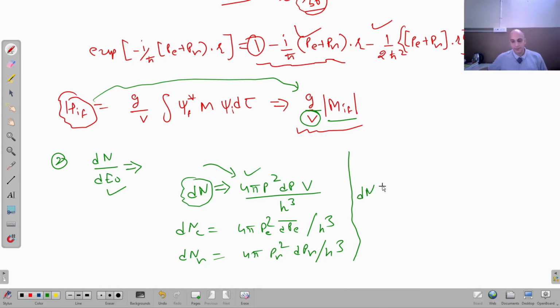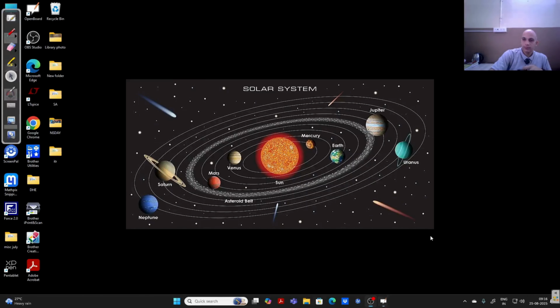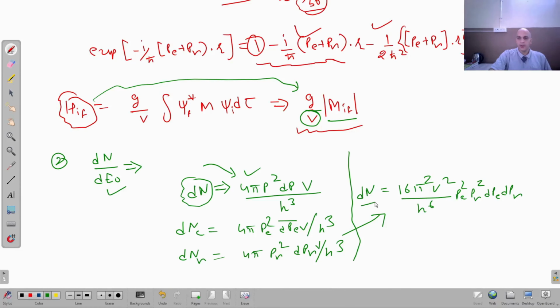So dn will become equal to 4 into 4, 16 pi square into V, I forgot to write V in both the cases, 4 pi p square into V. So 16 pi square V square upon h power 6, then pe square p neutrino square dpe and dp neutrino. So this is what I got here, dn is equal to this.